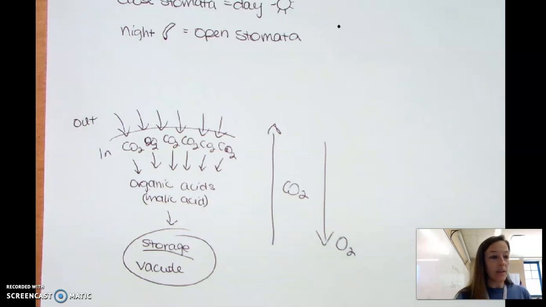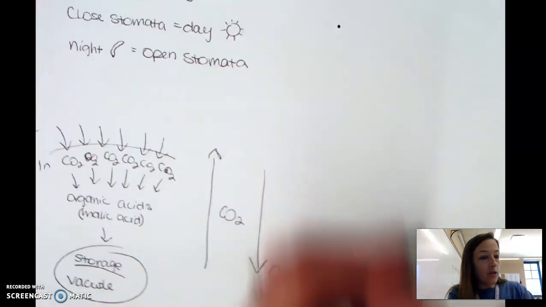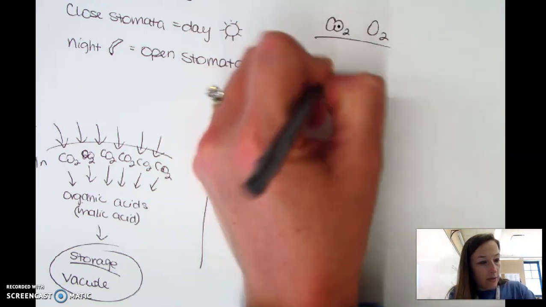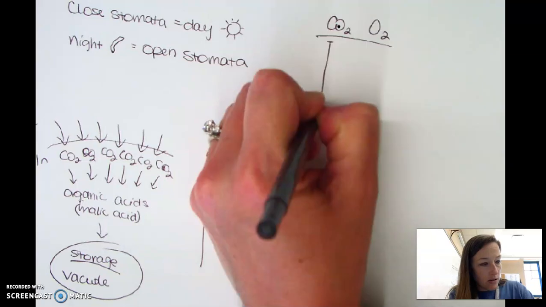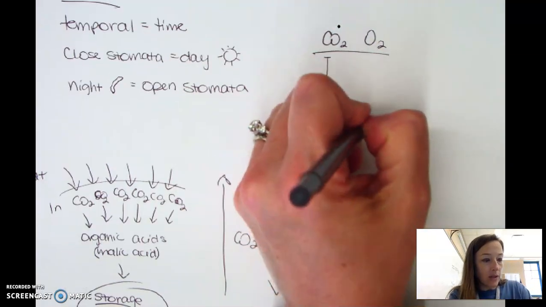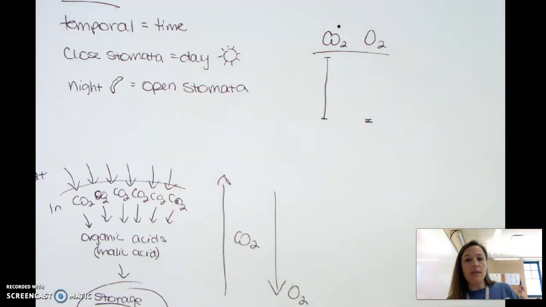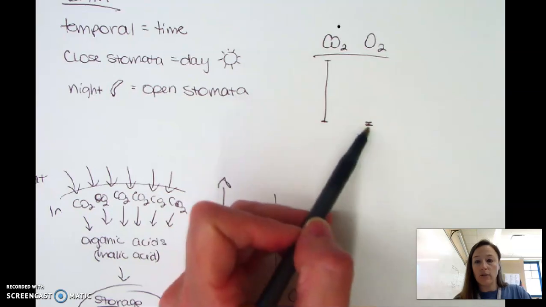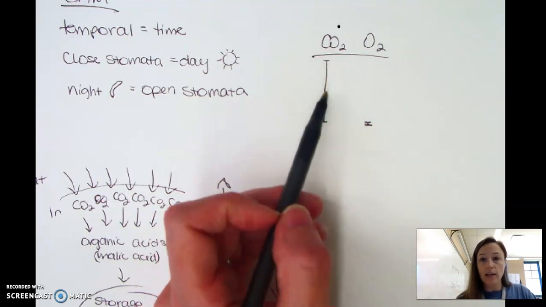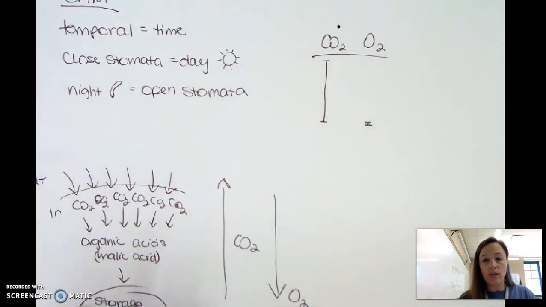When the sun rises, you're going to see their CO2 levels up here, and their O2 levels are basically, I won't say 0, it's really about a proportion. It's not that the O2 levels are absent, it's just that compared to the CO2, there's very little oxygen. So when rubisco grabs something, it's more likely to grab a CO2 because there's just more CO2 there.